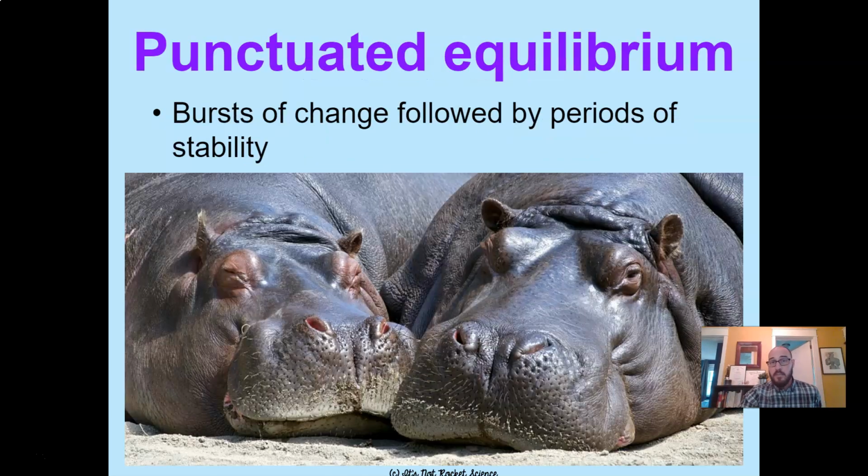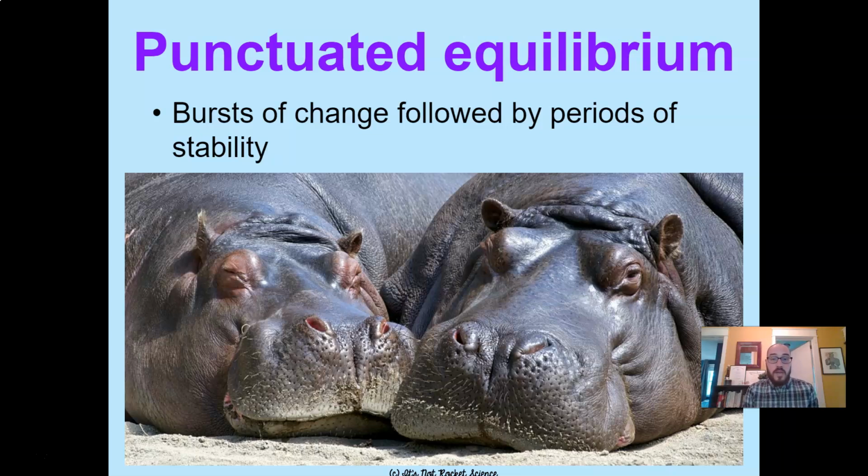The next thing that can take place is punctuated equilibrium. Really piggybacking off the work of Ernst Mayr by Stephen Jay Gould and Niles Eldredge, and they wrote the book on this about punctuated equilibrium.